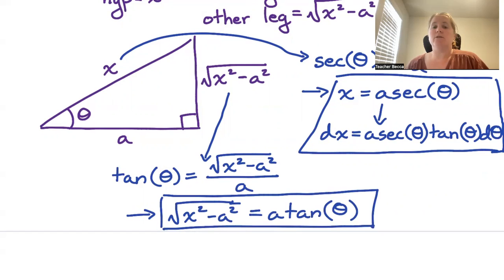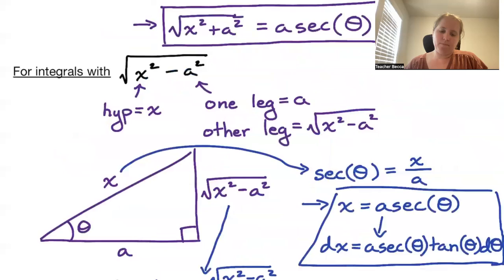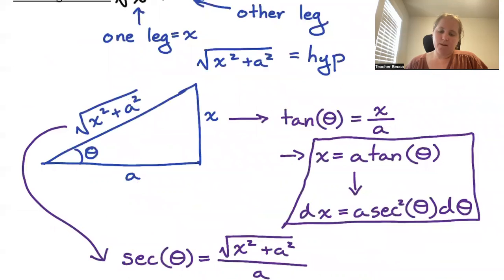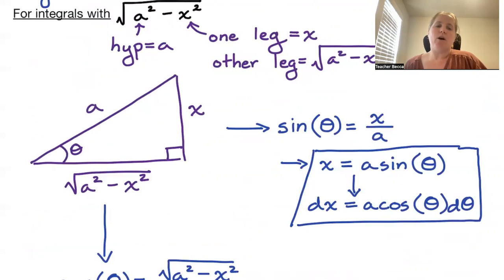So I typically just redraw the right triangle every time, so I don't have to memorize these formulas, but you should know which right triangle applies. As a general rule of thumb, when we go to draw our right triangles, a should always be either the hypotenuse or the adjacent.